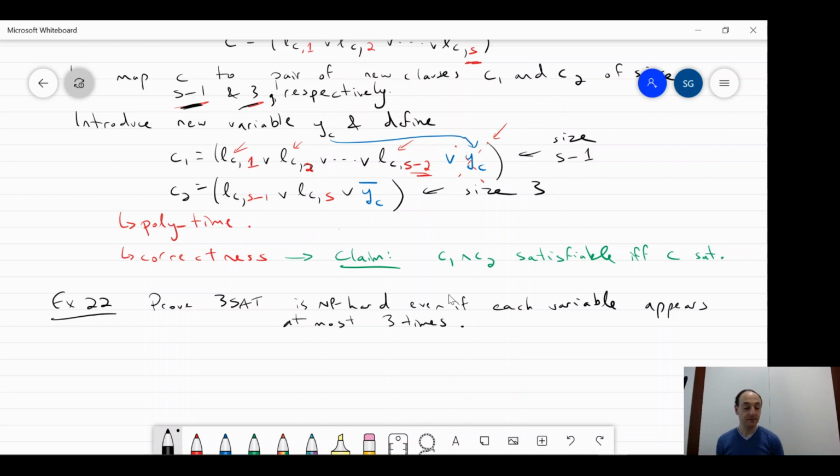Okay. So, this reduction up here, what we did is that we kind of shrunk the size of the clause down, but variables can potentially show up multiple times, right? And here I want to say, okay, well, even if each variable shows up a very small number of times, a constant number of times, it still is an NP-hard problem. Okay, so I'll let you think about that. Kind of the hint is to try and think about what it means to set 2 variables to be equal to one another. Okay.